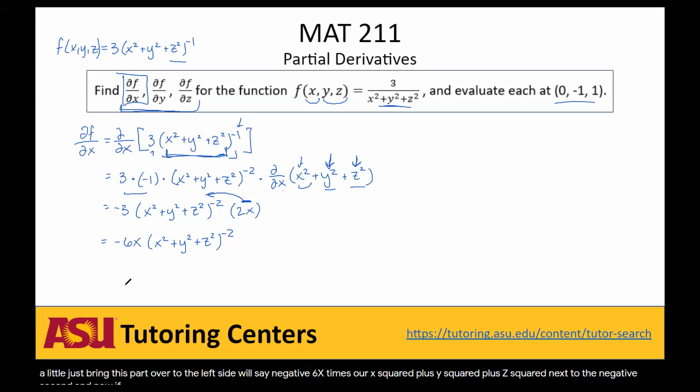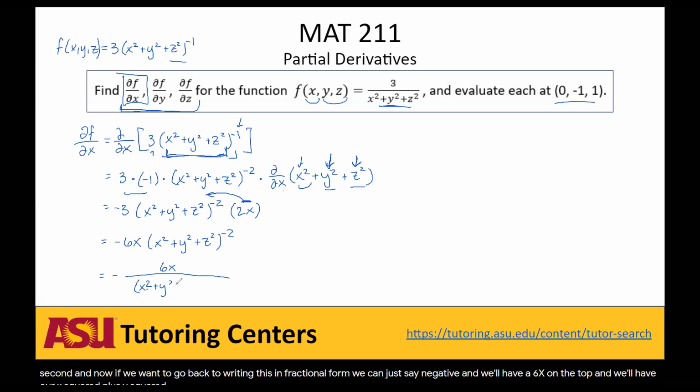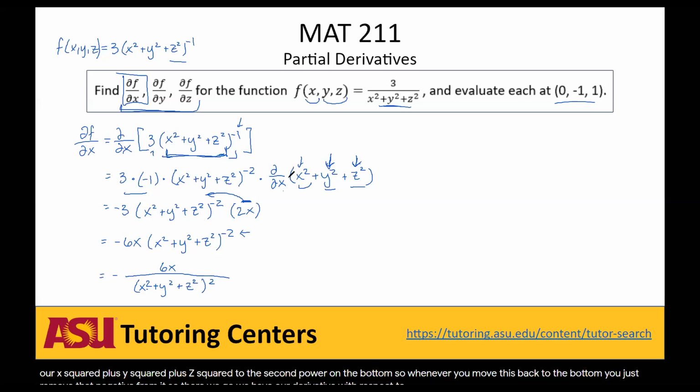And now if we want to go back to writing this in fractional form, we can just say negative, and we'll have a 6x on the top, and we'll have our x squared plus y squared plus z squared to the 2nd power on the bottom. So whenever you move this back to the bottom, you just remove that negative from it. So there we go. We have our partial derivative with respect to x.